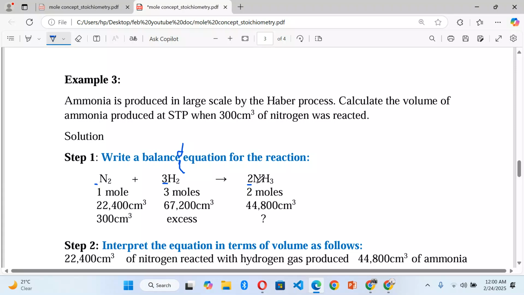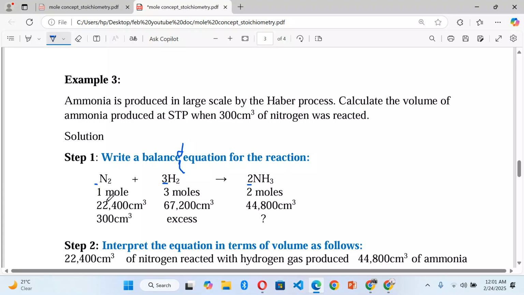The reason why we start with a mole is because a mole can relate us with a mass. We can relate a mole with volume. So that's why we always start with a mole. And I believe this is the best, simplest formula that we can use when we are calculating such questions.